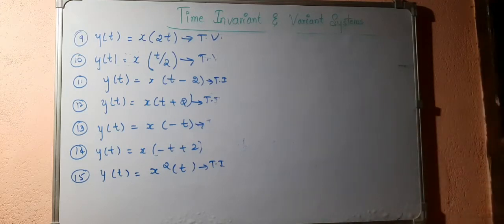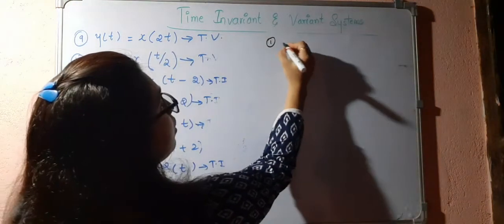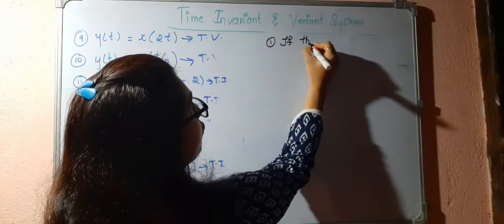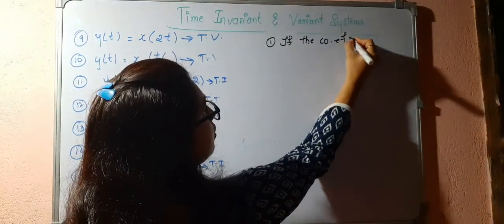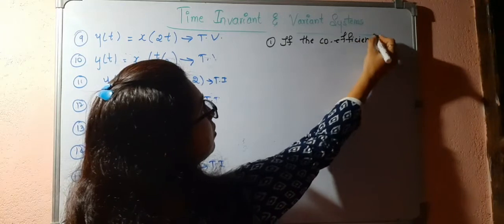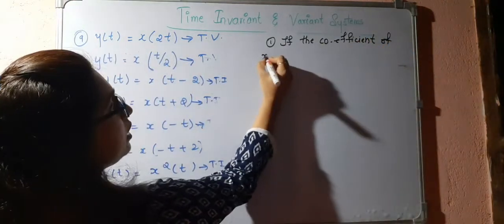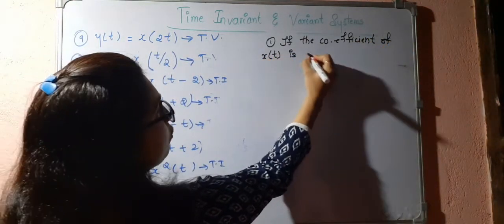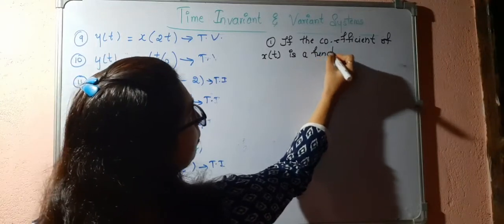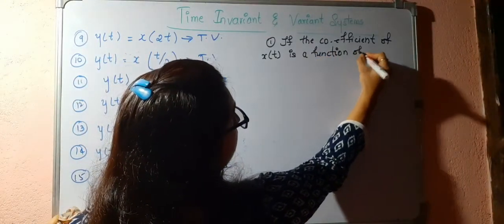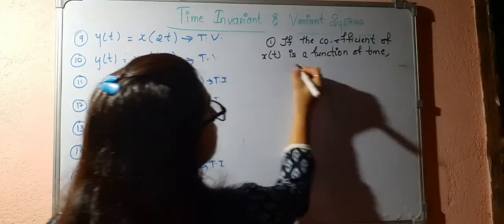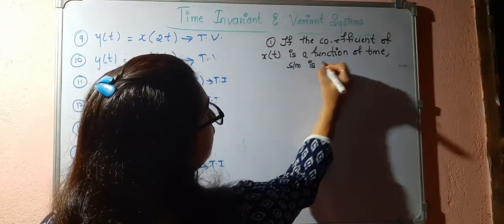Okay, so we can see, if the coefficient of x of t is a function of time, the system is time variant.